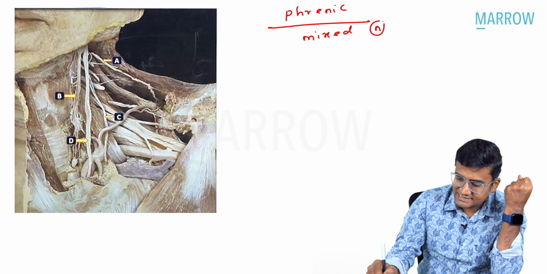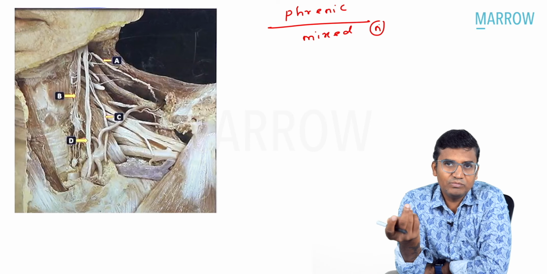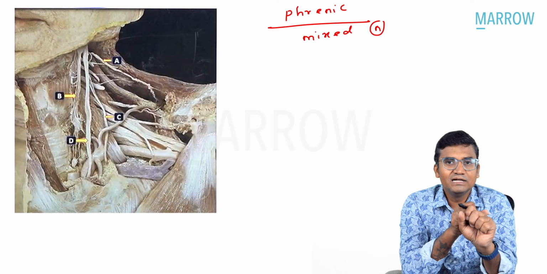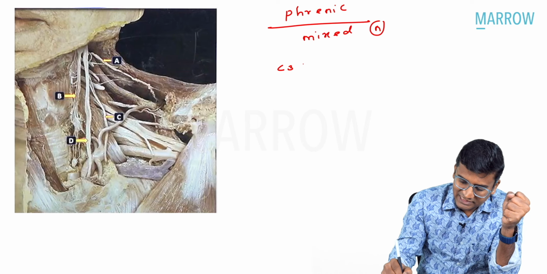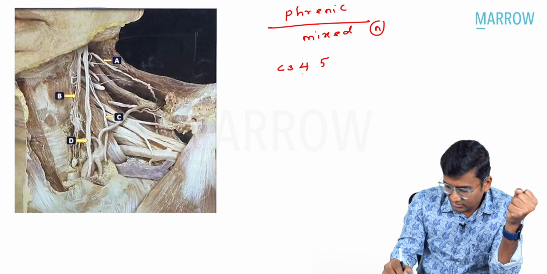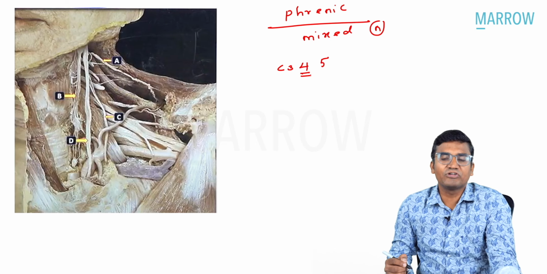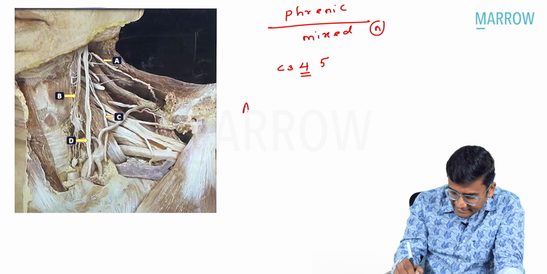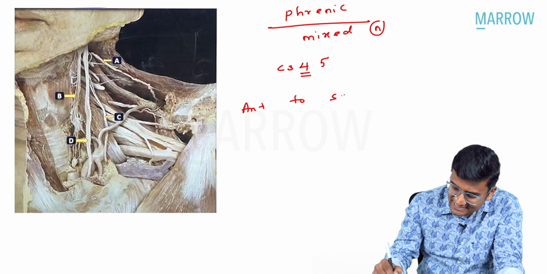I hope you know that. It carries sensory fibers and motor fibers. Motor fibers to diaphragm. Sensory fibers to pleura, pericardium and diaphragm. Okay. Now what is the root value? C3, C4, C5. The majority of the fibers come from C4 only. Now phrenic nerve relation: anterior to scalenus anterior muscle.